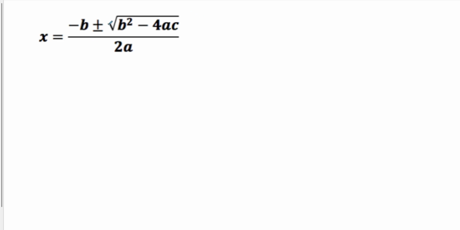Okay. The discriminant is this part here underneath the square root sign, b squared minus 4ac. And if we're looking for, listen to me carefully, if we're looking for how many x-intercepts the parabola has, we don't have to do the full quadratic formula.